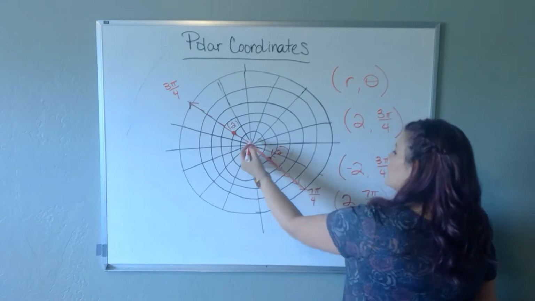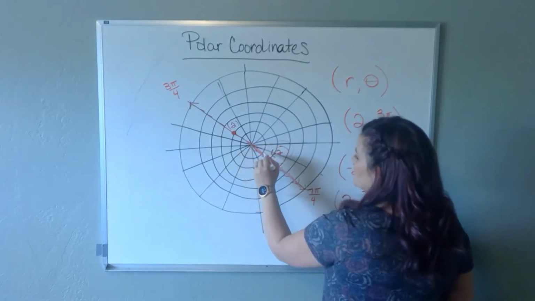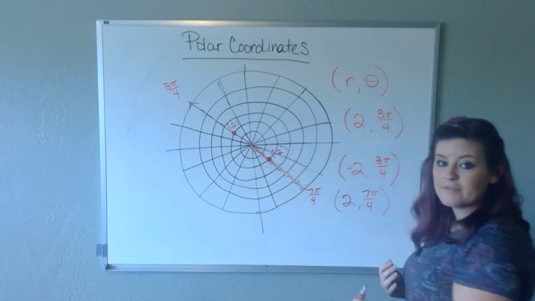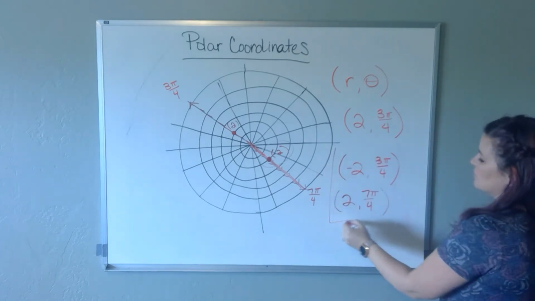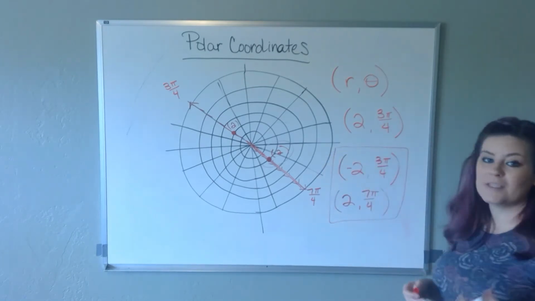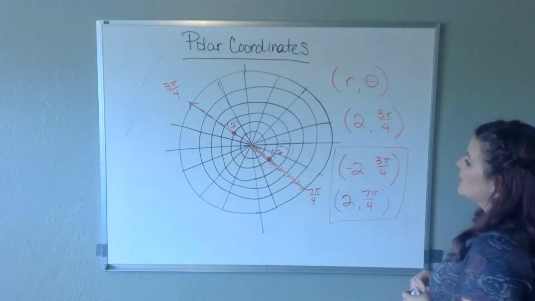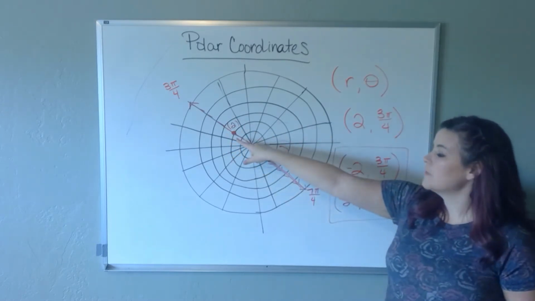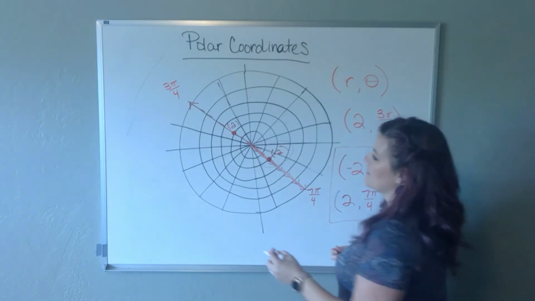Because my angle was coming this direction originally, a positive 2 would send r out 2 spaces in the direction of 7 pi over 4. And so what we find is these two coordinate pairs actually map the same exact point. You guys, can you think of a way to rewrite this point with different coordinates? Well, let's think about it.